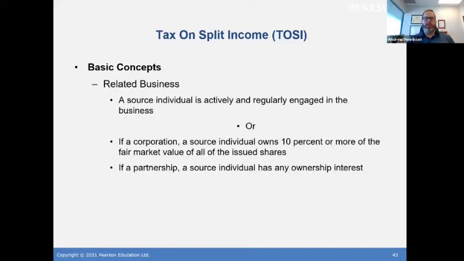There's also a concept called a related business. The source individual would be actively and regularly engaged in the business. In other words, it makes sense that that income would come to you because you were the source of it. You were actively working to earn that income.